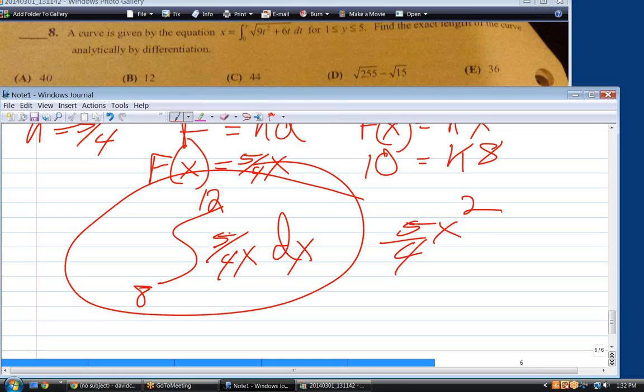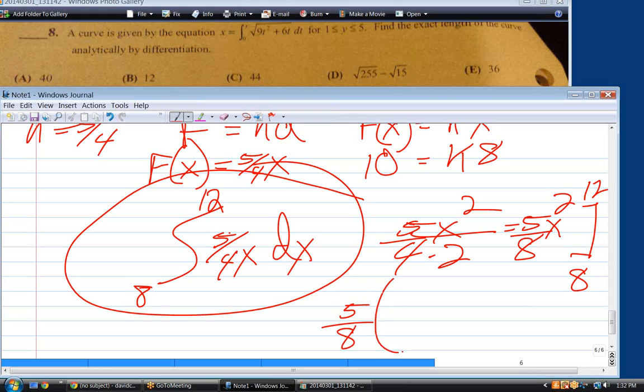5/4 x squared divided by 2, so 5/8 x squared evaluated from 8 to 12. You want to do that? Yes, if you plug in 12, you can pull out the 5/8, since it's just a coefficient.